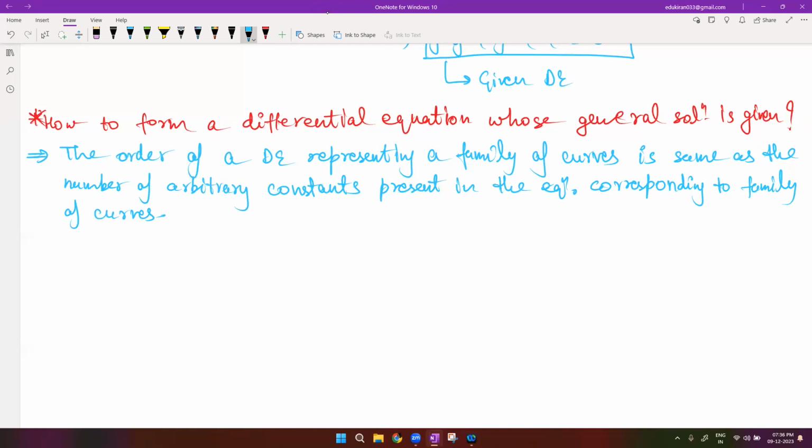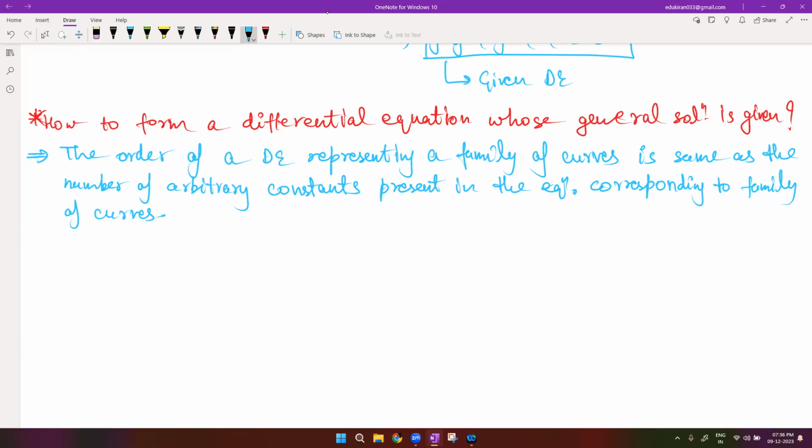Meaning, how many times I have to differentiate the given solution? You will be given a basic equation, right? And from that basic equation, you have to form a differential equation, and the differential equation will only be formed when you differentiate with respect to x, right?